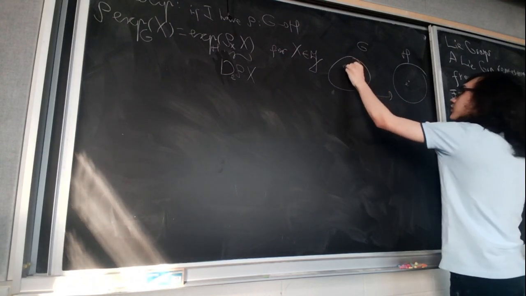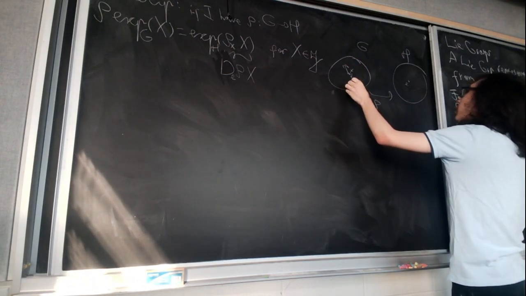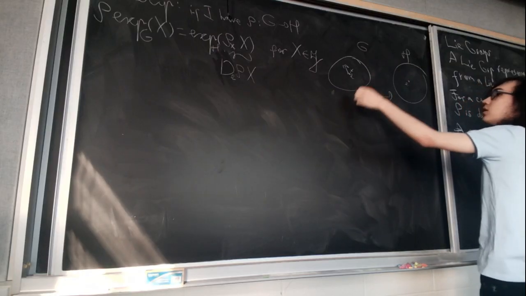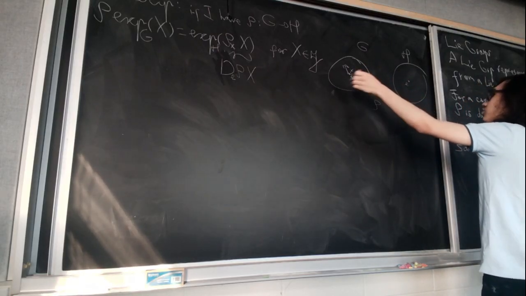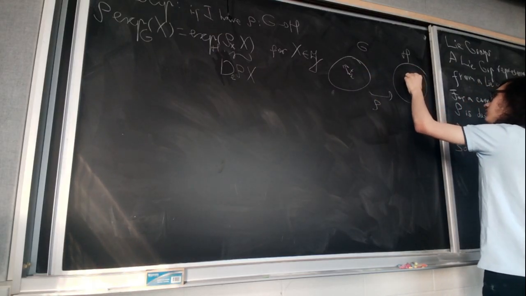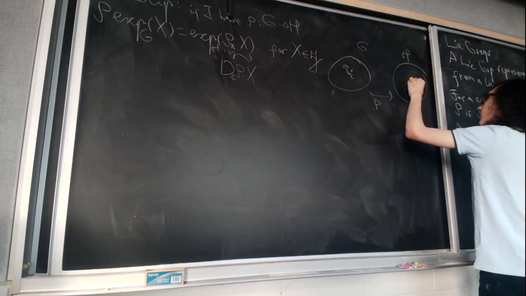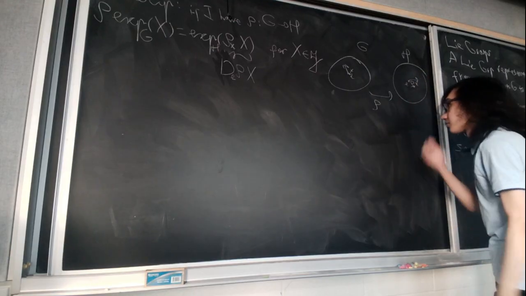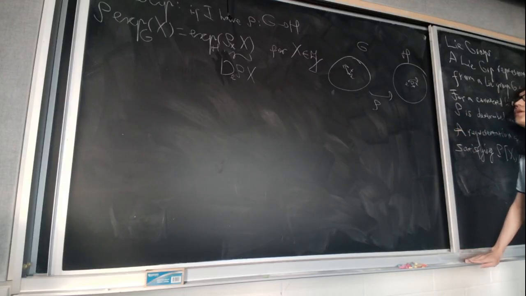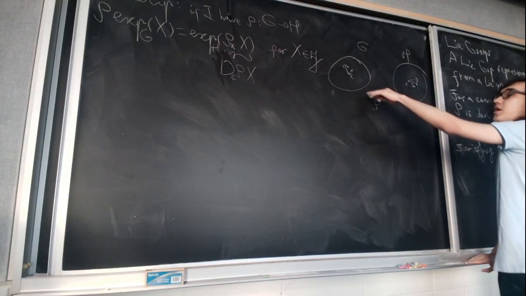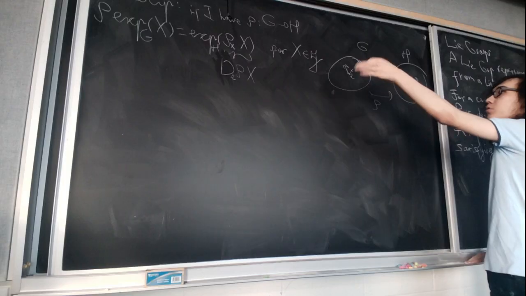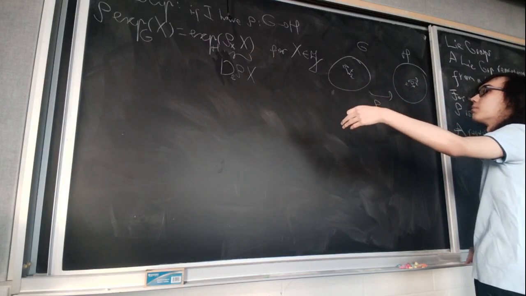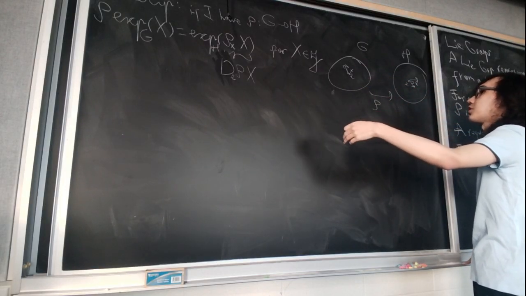So I have this vector X, and then under the tangent map, it's going to get mapped to rho push forward of X. And recall what we did was we took this vector and pushed it around using the left multiplication tangent map.